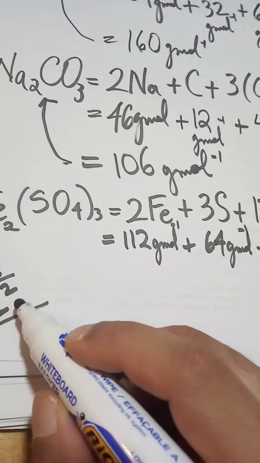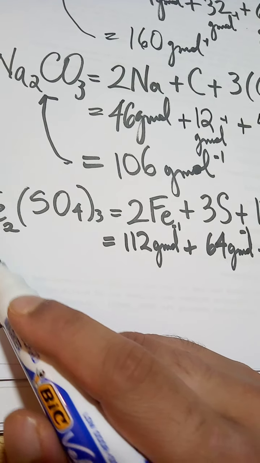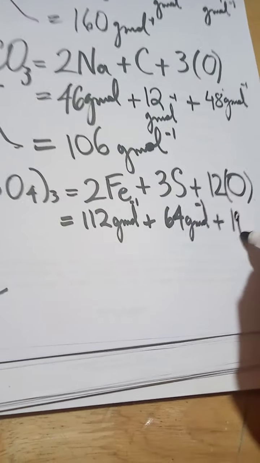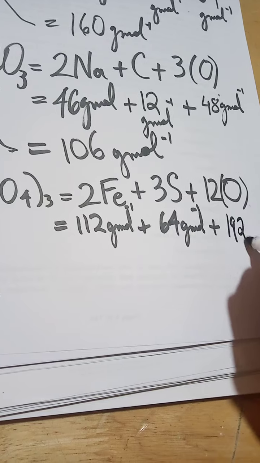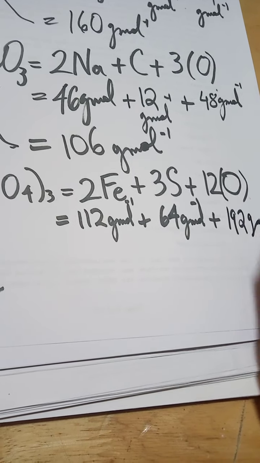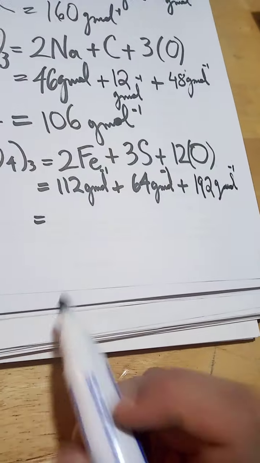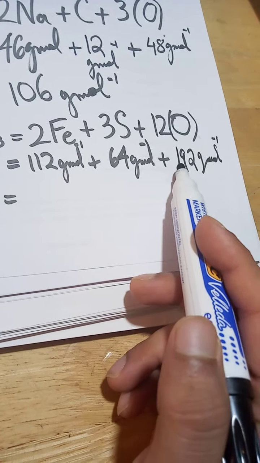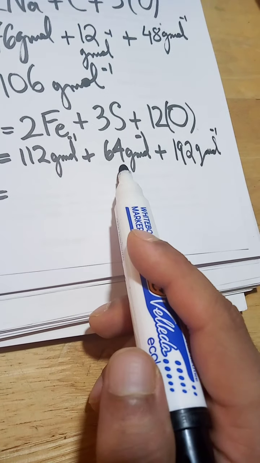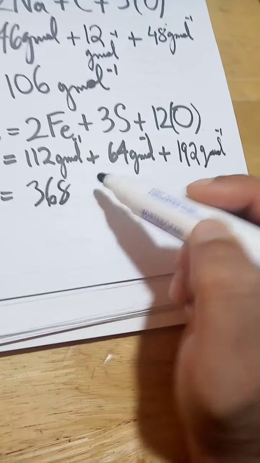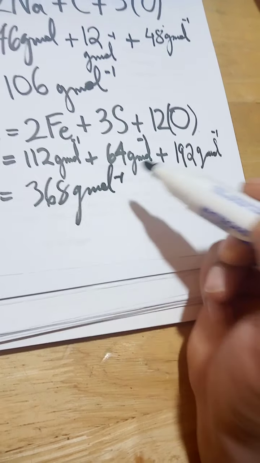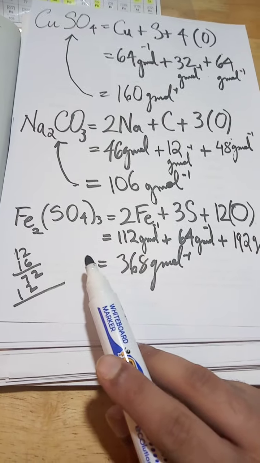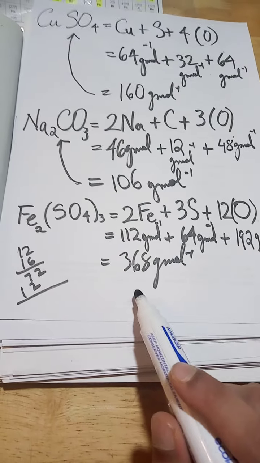That'll be 110, 190, that's 300, 304, 308, 368 grams per mole. So that's 368 grams of iron 3 sulfate would constitute 1 mole.